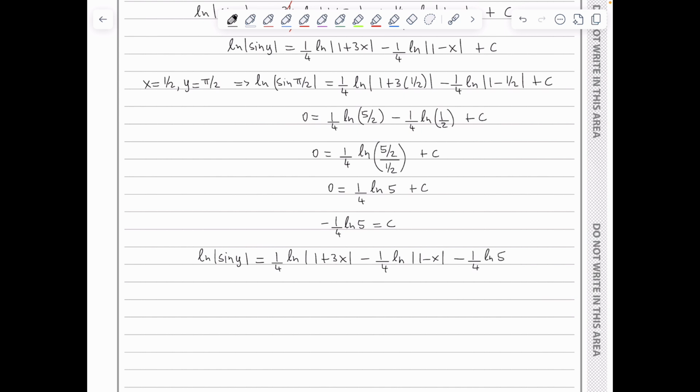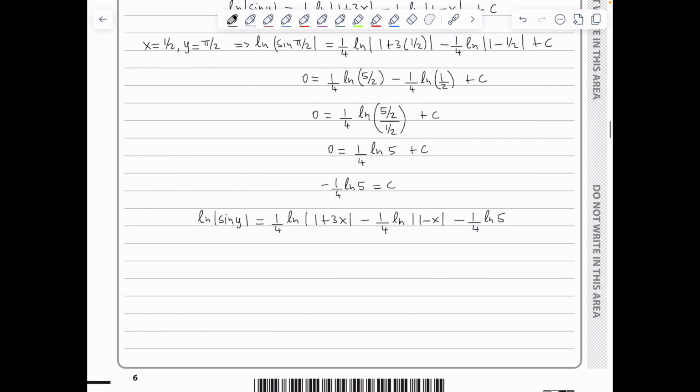The first thing to do is multiply everything by 4. So this leads to 4 ln of sine y being equal to ln of (1 plus 3x) minus ln of (1 minus x) minus ln 5.